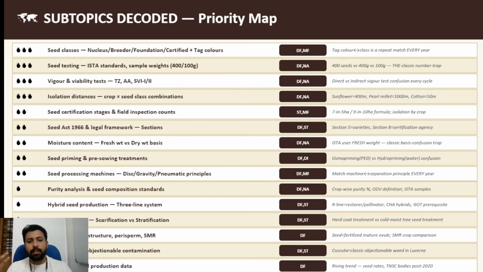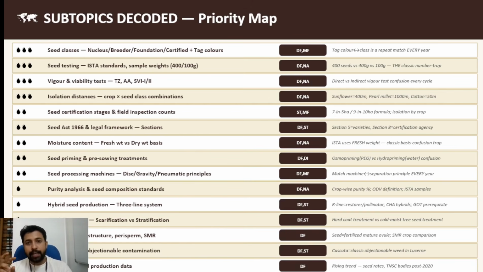Then comes the Tamil Nadu specific seed production data. In South India, Karnataka, Telangana and Tamil Nadu are the large producers of seed material.